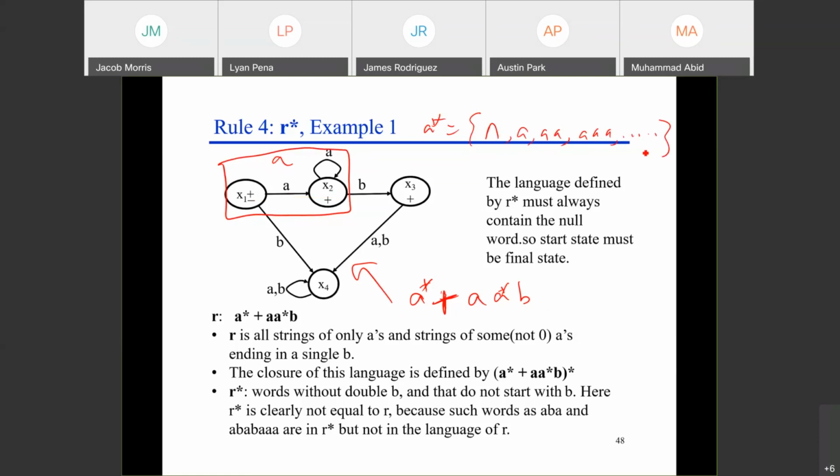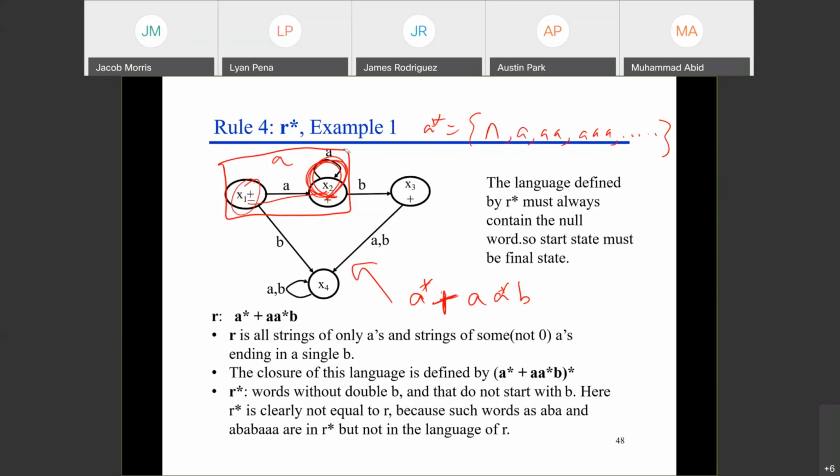And now, if you see our start state is a final state, we can get lambda from this A star. If you just stop here, but if you have one A, you can come here. You have 2A, one round, 3A, second round, fourth round. So A star will cover these two states. Make sense? Yeah, it does.